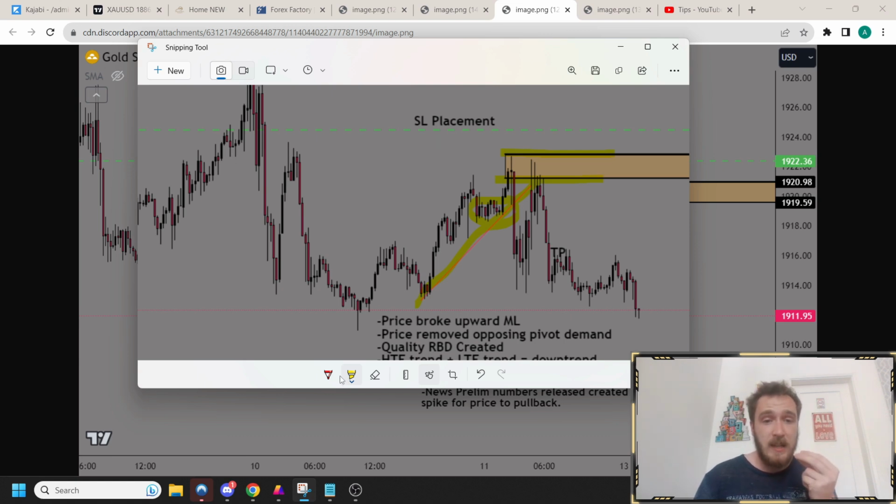Another very important thing is you're going to notice every zone that I am trading at, they are rally-based drops or drop-based rallies. They are not continuation patterns. They are not drop-based drops, okay, or rally-based rallies. Statistically, I'm surprised not everybody talks about this.